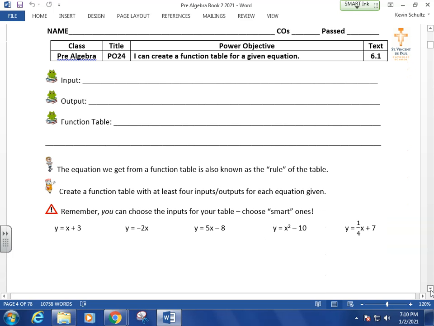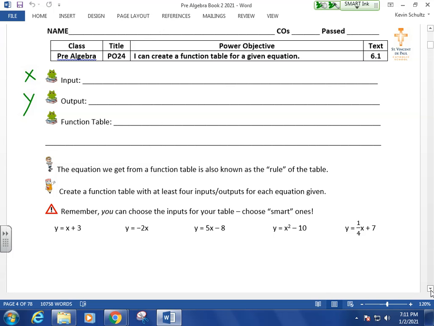Looking at PO24 here, creating a function table for a given equation. Perhaps you haven't heard the term function table, but if you've heard the term XY table, or if you've ever been asked to write a rule for a table, you've been dealing with function tables. Function tables usually have an X and a Y variable because they relate to the coordinate plane, right?